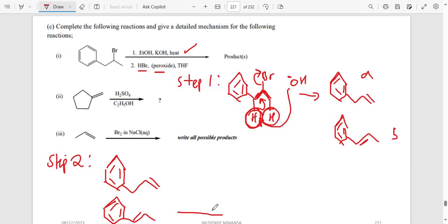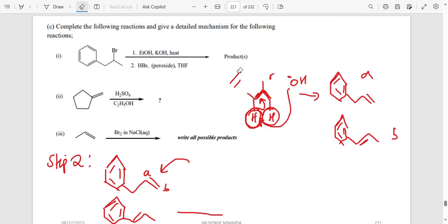Okay, let me not write like this. I wanted to just go direct. Before we even do this, between A and B, where is the Br going to attach? Yes, when we use peroxide.